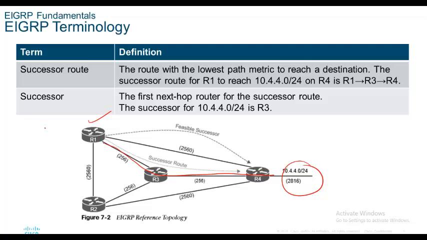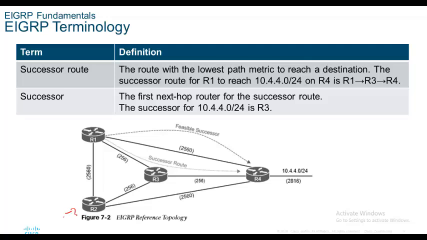Let's say you have a network here. For that also, this is the best gateway. R3 is the successor because this is too costly. R2 is not a successor. The best exit.